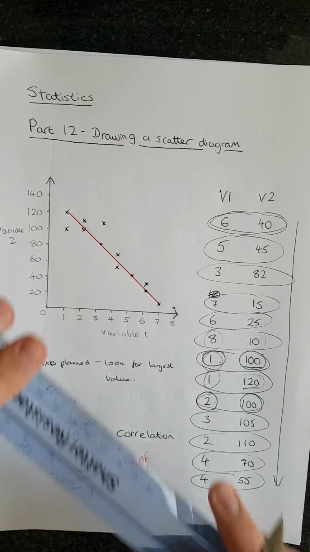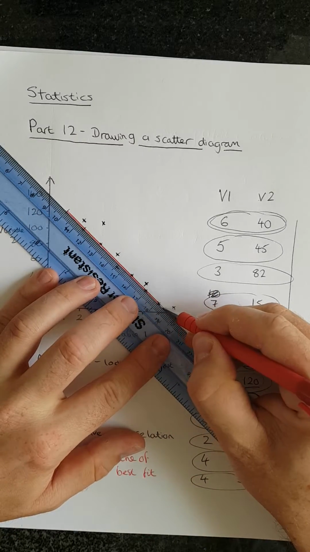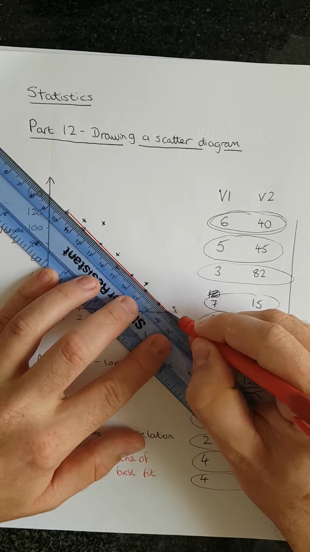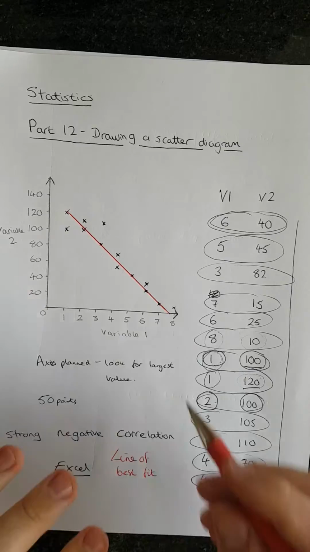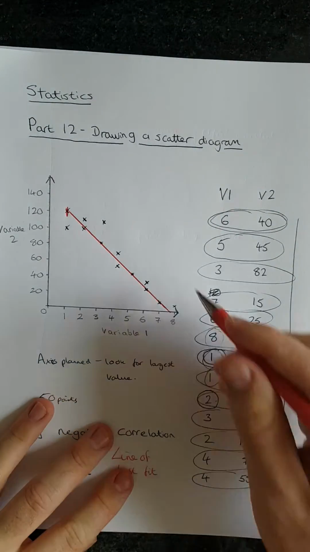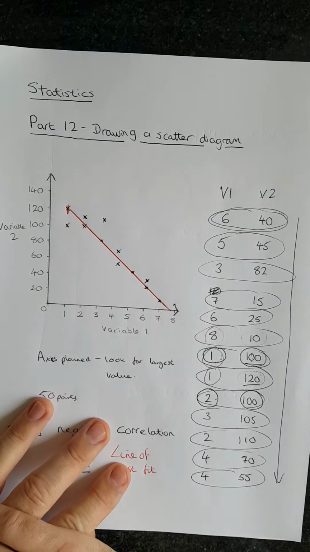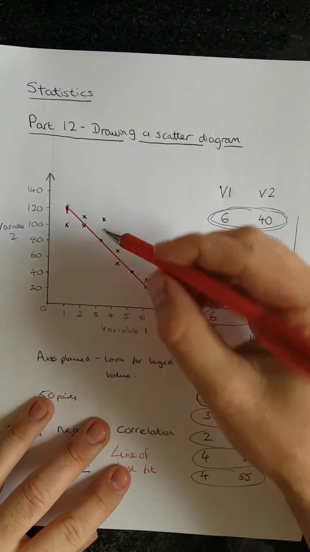In fact, I need to carry it on further. Now, I stopped my line of best fit here at 0, and I tried to finish it off all the way down to 8 before I hit the axis. Can you see?